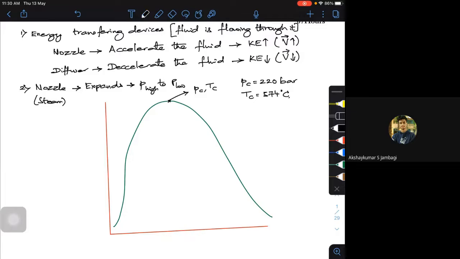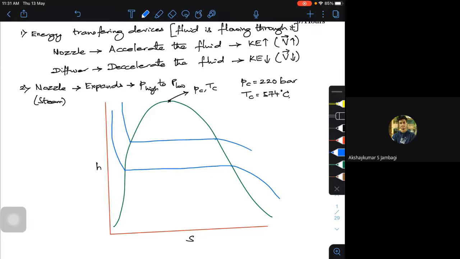This is my enthalpy and this is my entropy. How will the isotherms look? They will be coming like this, and in the saturation region it will be a straight line, then they'll be going something like this. Similarly, I can have one more isotherm like this, and this is how it will be going.